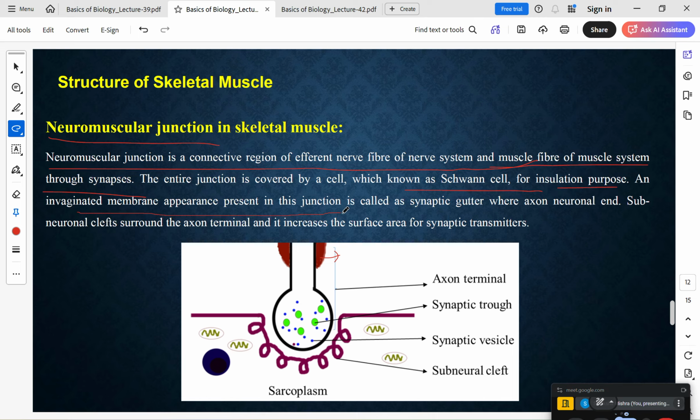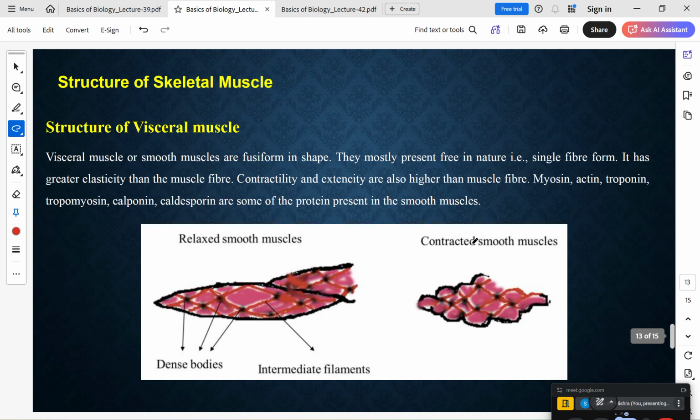Invaginated membrane appearance is present in this junction, known as the synaptic gutter or synaptic cleft, the neuronal end. Some neuronal clefts surround the axon terminal and it increases the surface area for synaptic transmitters.